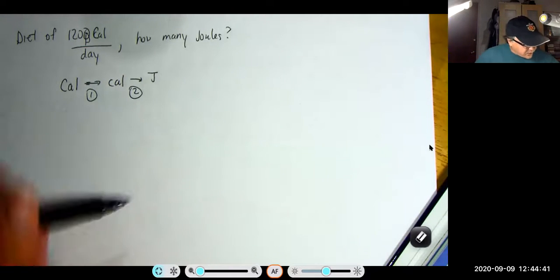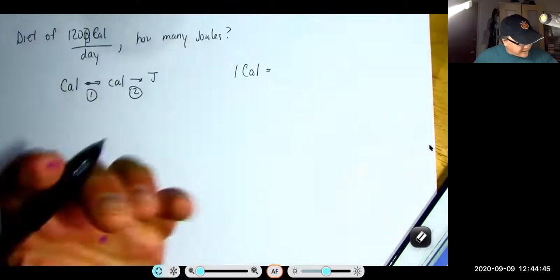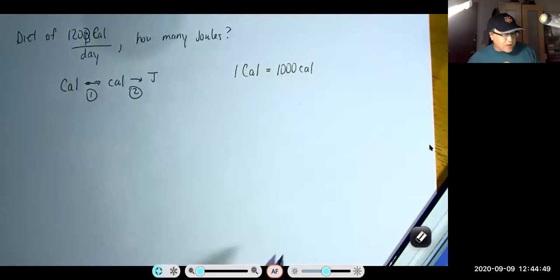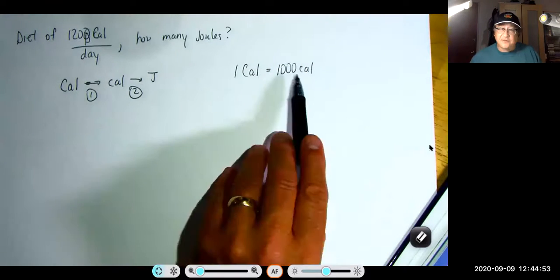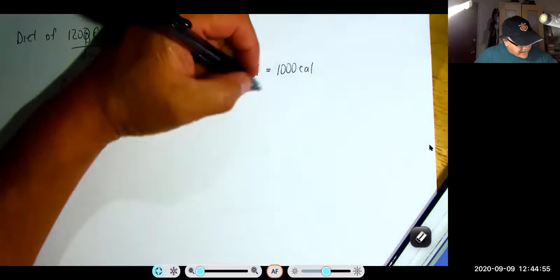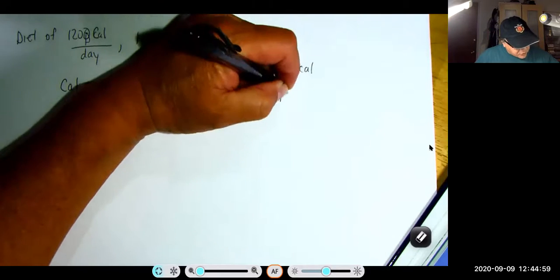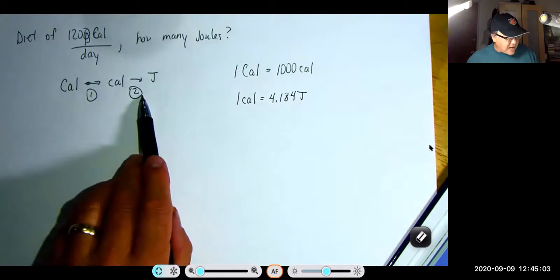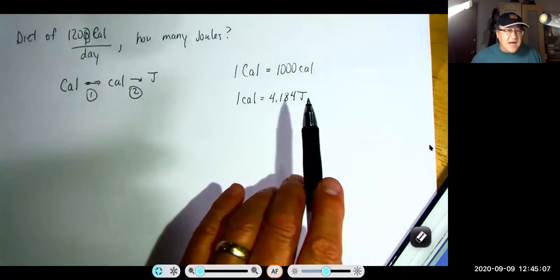So one big calorie or food calorie is 1,000 chemical calories. Uppercase is the symbol for a food calorie, lowercase is for a chemical calorie. And one chemical calorie is 4.184 joules.